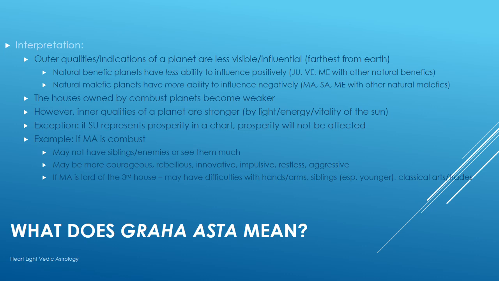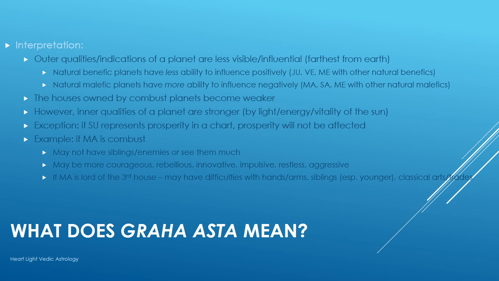But because the sun is what you see now, and the other planets are combust, it actually saves prosperity. So if the sun specifically represents positive prosperity in a chart, then prosperity will not be affected.